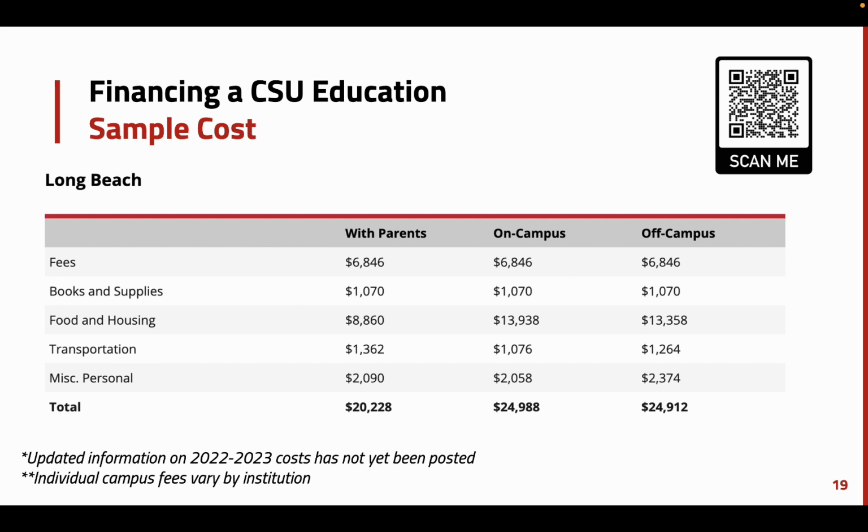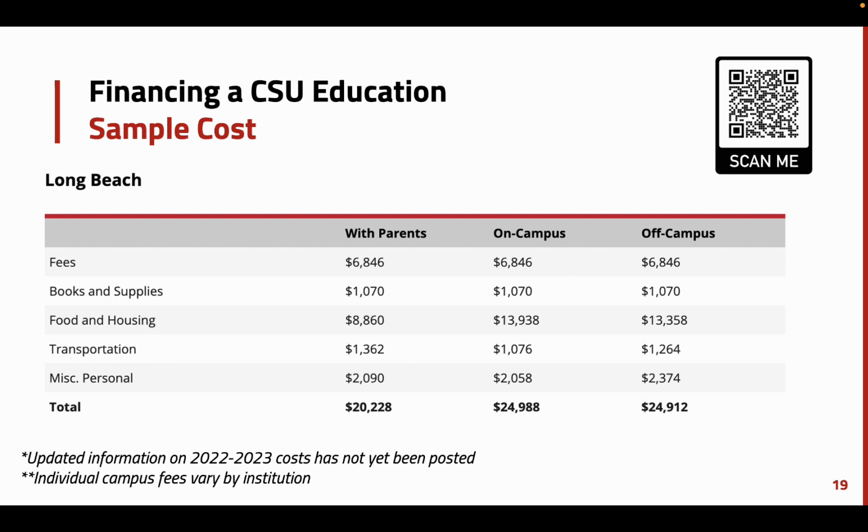Here's a sample cost. So individual campuses, the fees vary by the institution, but you can look on the Cal State website to get some sample costs for each of the campuses that you've applied to. We've got a QR code at the top here also for that to look at the individual campuses.